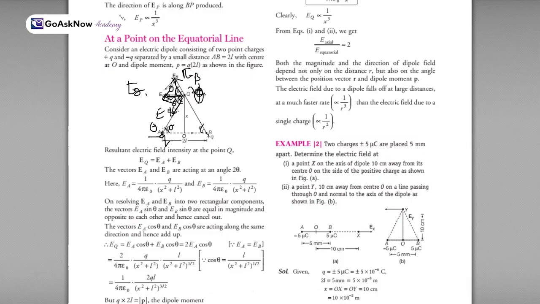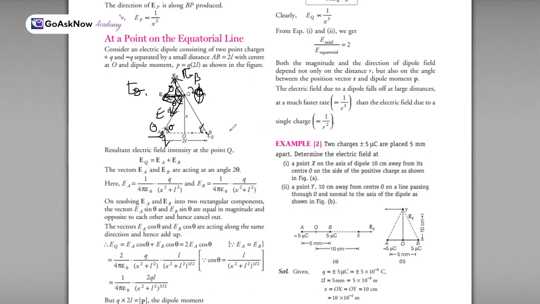So the resultant electric field will be equal to EA plus EB. The vectors EA and EB are acting at angle theta. EA is here, KQ by x square plus L square. Why is the value of electric field due to A equal to KQ by x square plus L square?